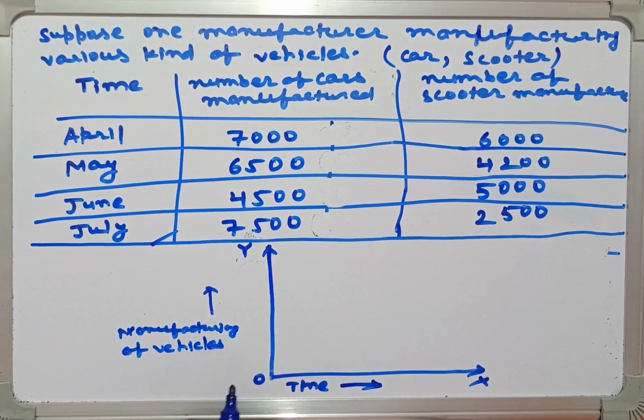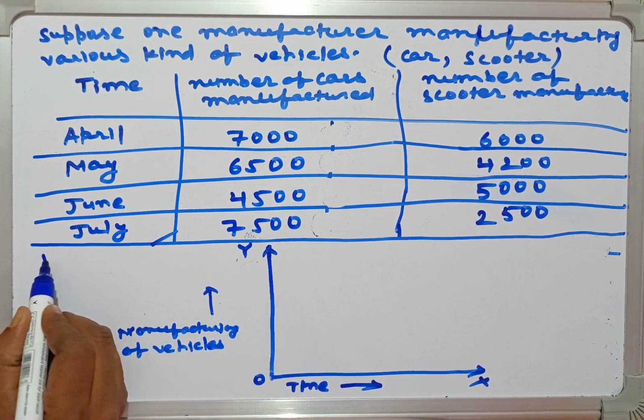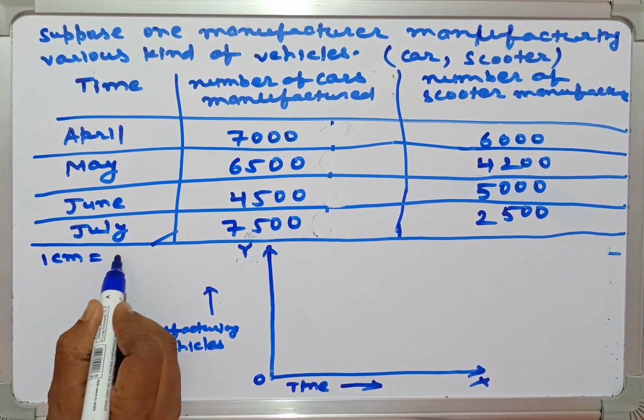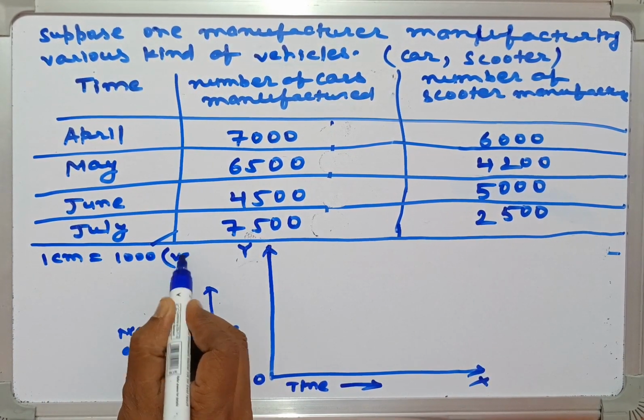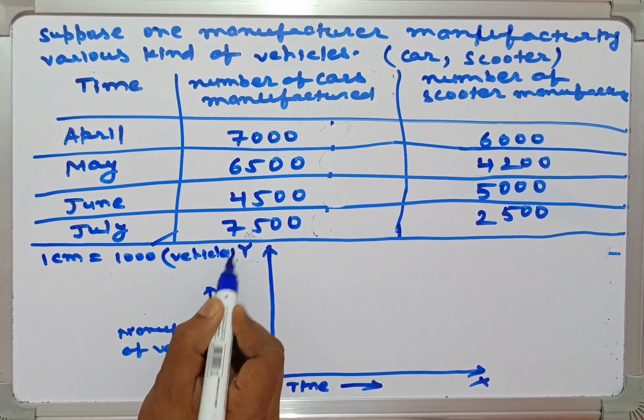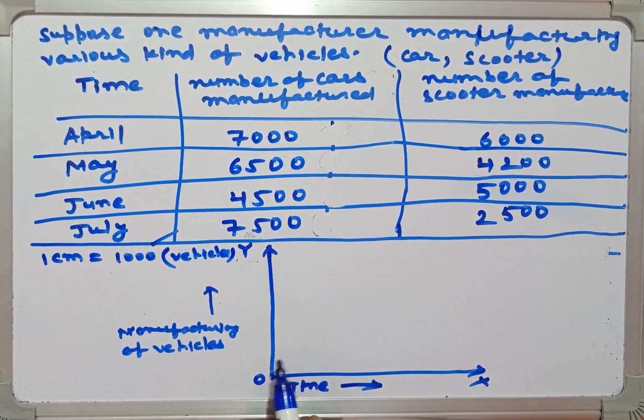Okay, now guys, next what we will do, we will consider here 1 centimeter equal to 1000 vehicles. Okay guys, here we take 1 centimeter, then another 1 centimeter.